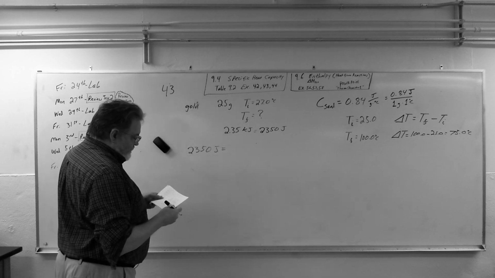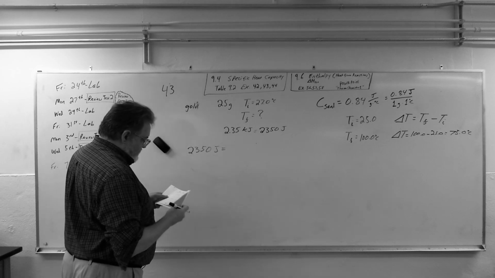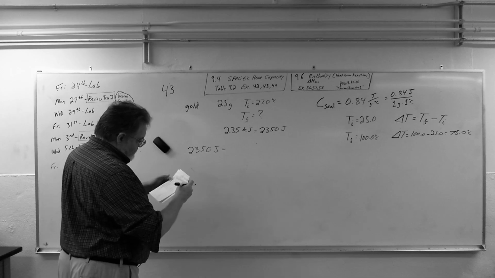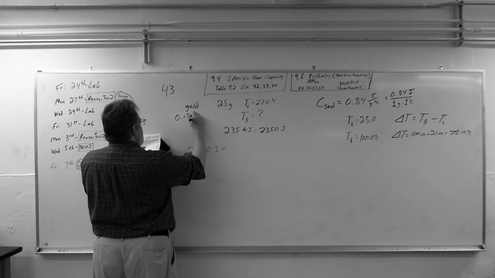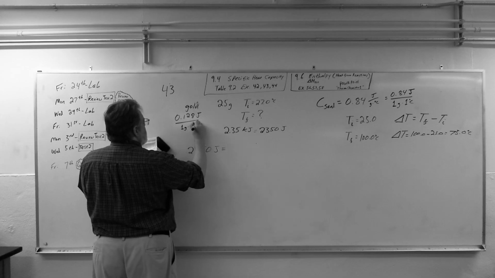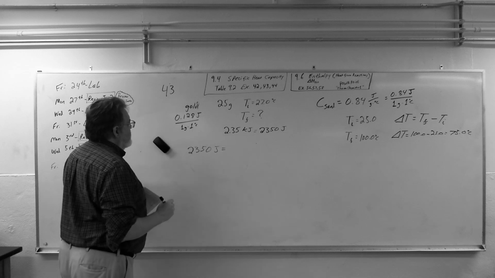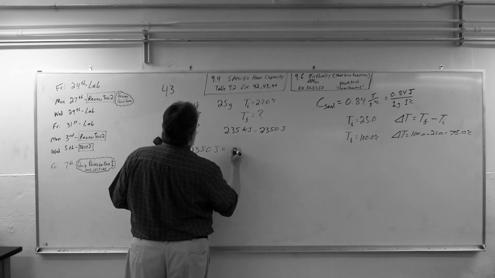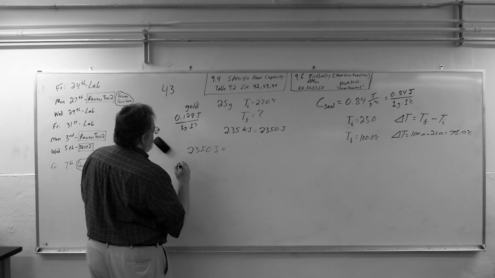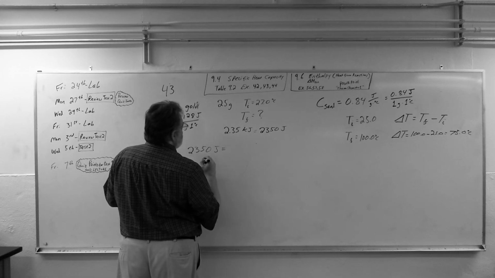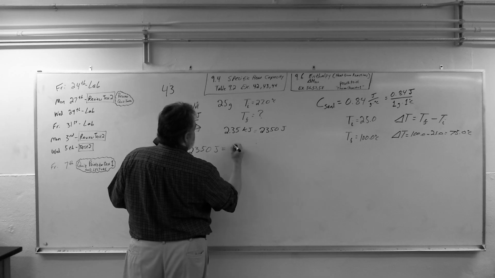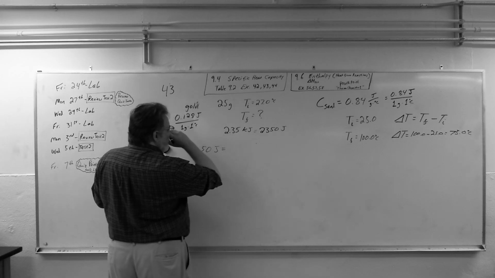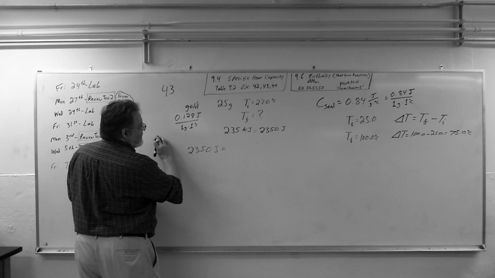And if you look on the table, gold is 0.128 joules per 1 gram per 1 degree C. So you need that. Joules, and we're solving for, well, should I write it out this way? Let me write it this way.